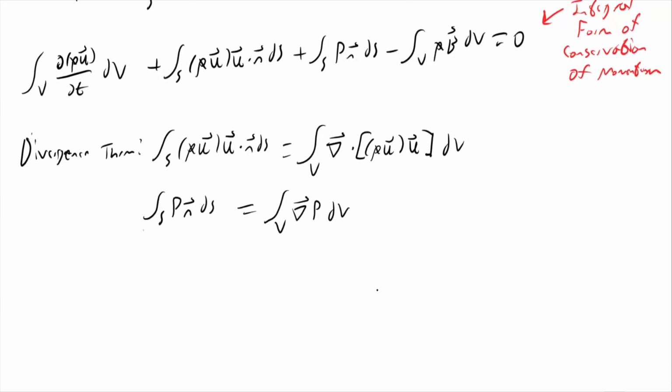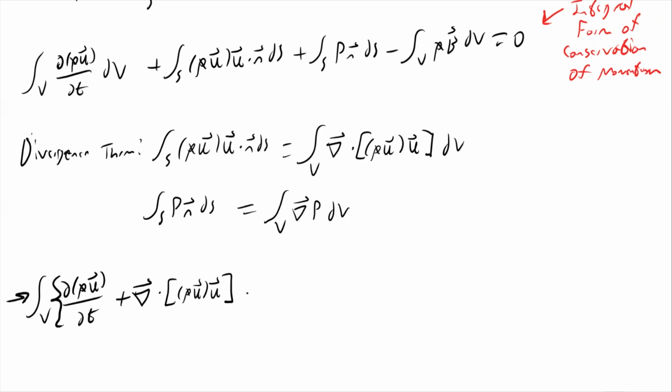Okay, so now we can put these all together again. So we have the volume integral. Oh, and we note that now everything's in terms of the same volume integral, so we can combine it into one integrand, as I'm doing here.